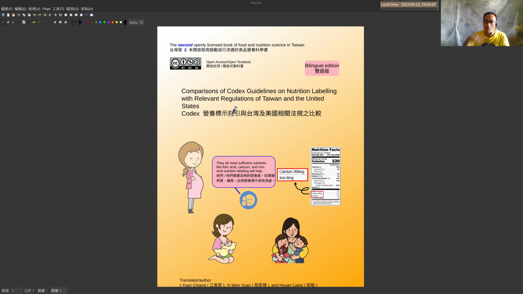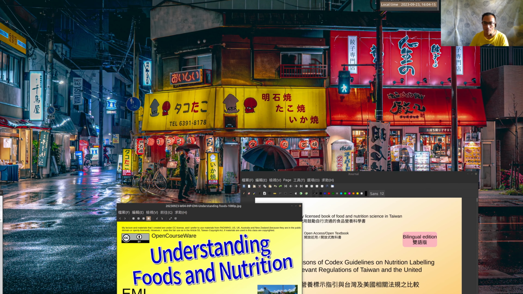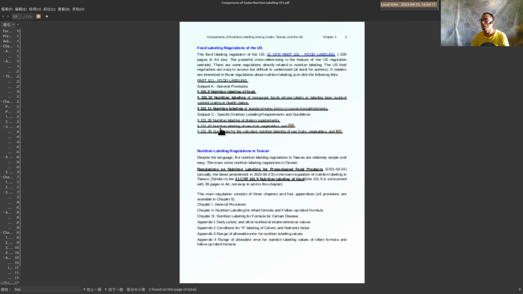It doesn't matter because I'm a teacher. I need to teach. Thus, I use such software. Okay, let me show you here. Later, I will teach you how to read this book and how to apply this book in your study. And even in the future, if you enter graduate school to study a master's degree or the PhD degree, the first thing is to know two keys and two fingers.